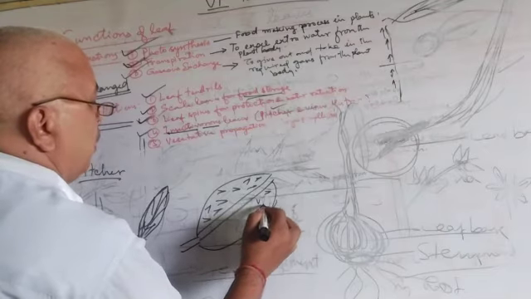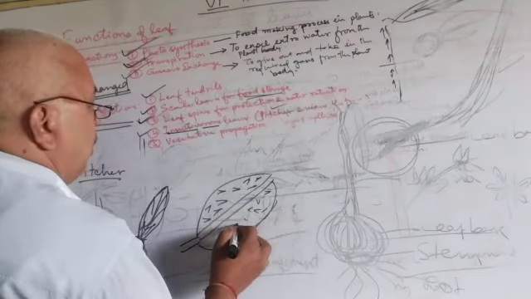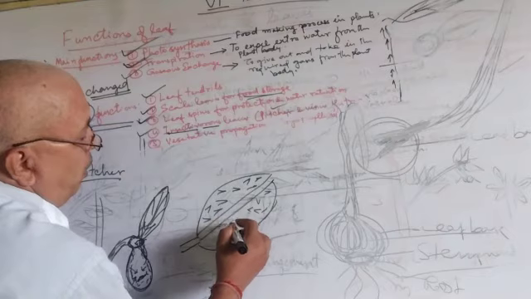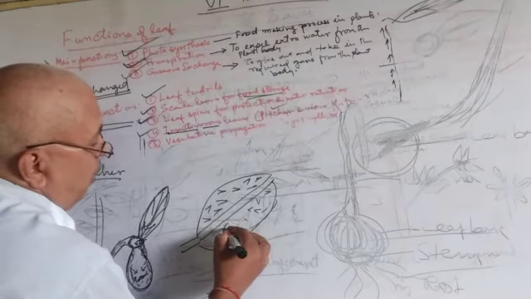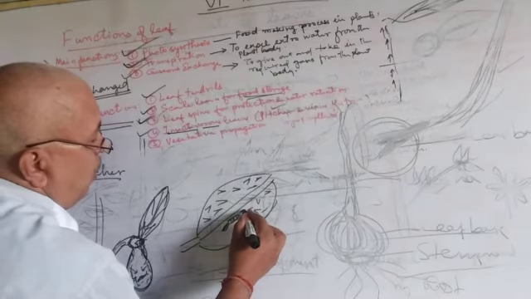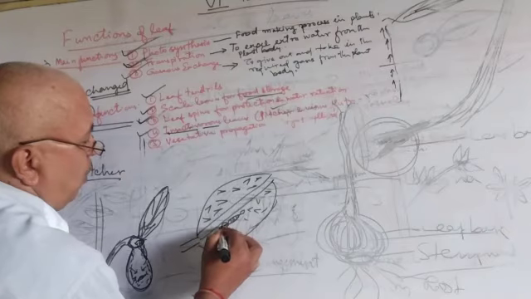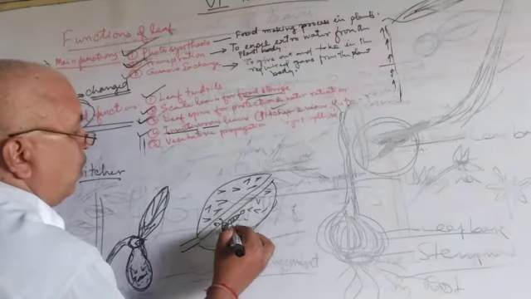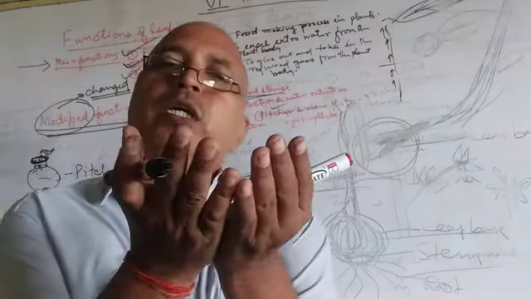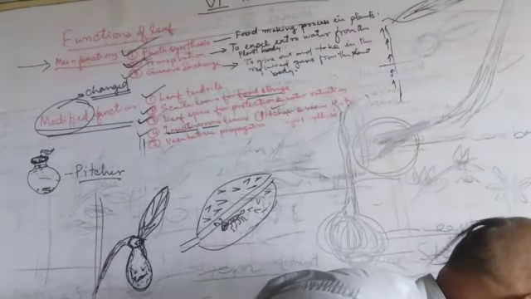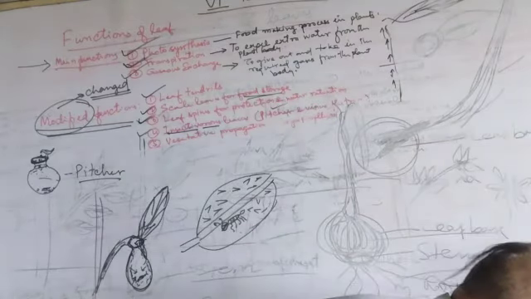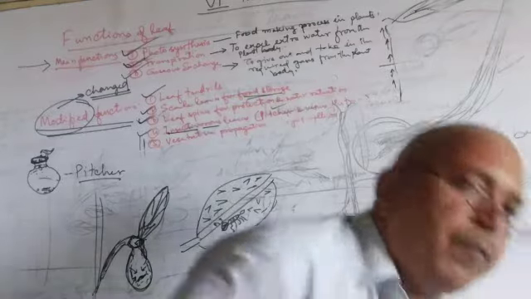And what happens if an insect comes and sits on this? I'm taking one example from this leaf.